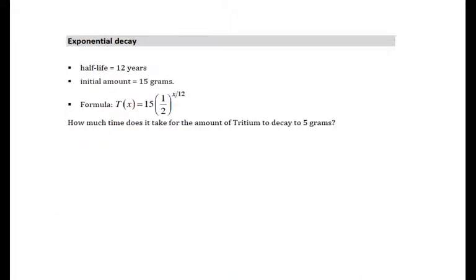We'll also take a look at an exponential decay model. If we recall our exponential modeling using half-life tricks, we know that this formula, A of x equals A naught, that's our starting amount, times 1/2 to the x over k is a general model for anything with a half-life, where k is the half-life.